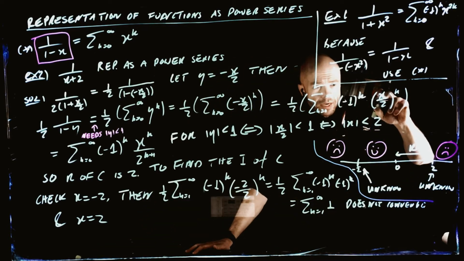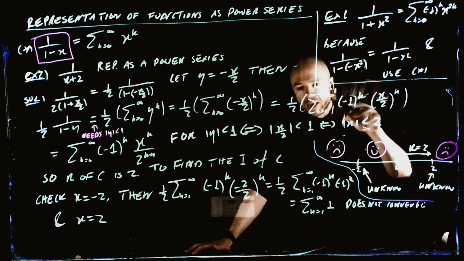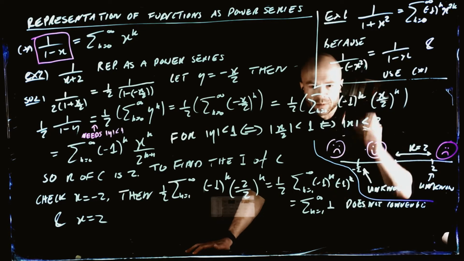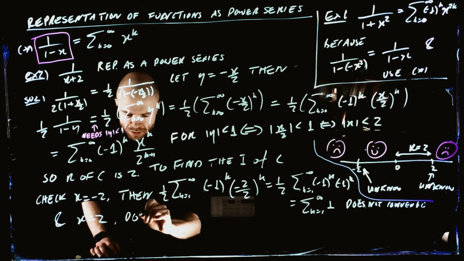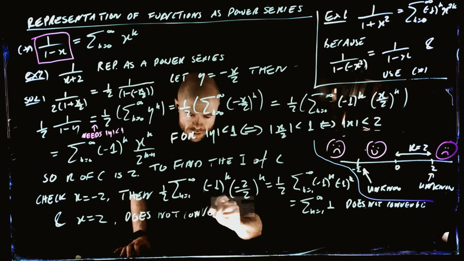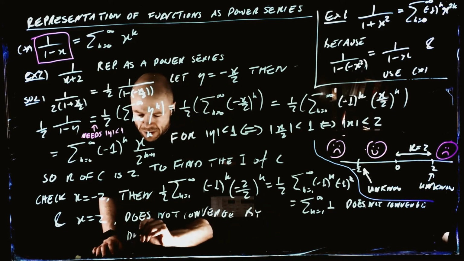If we just plug in 2 into this, now we're just going to have 1 to the k, which is just 1. So the only thing we're summing is minus 1 to the k. Again, it just doesn't go down to 0, doesn't converge by the divergence test. So now we know everything.